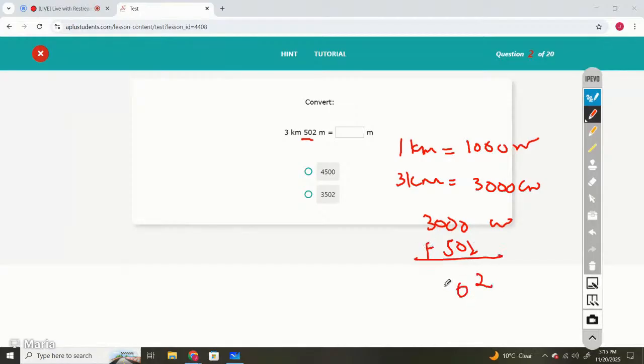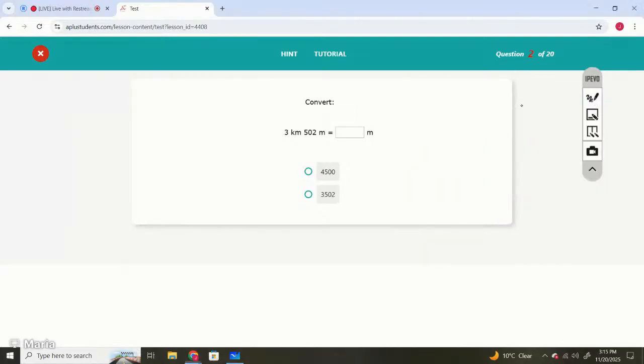That is 3502. That is option number 2, 3502 meters. Option number 2 is the correct option.